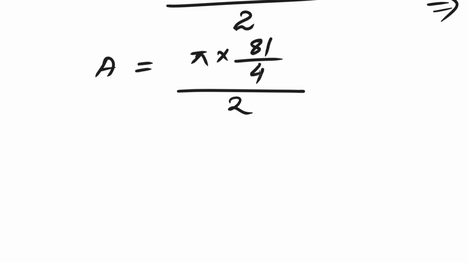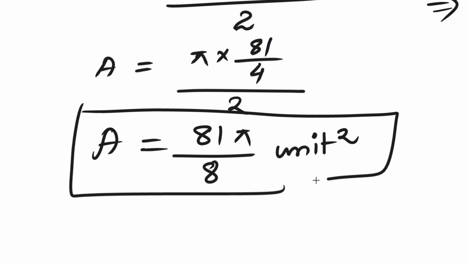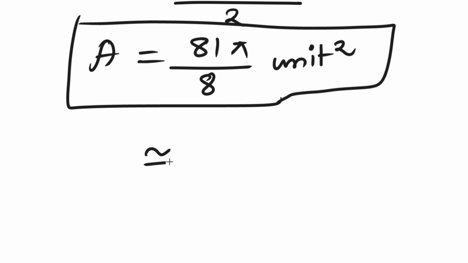Dividing by 2 is equivalent to multiplying the denominator by 2. So we get 81 pi divided by 8. Therefore, the exact area of the shaded semicircle is 81 pi divided by 8 square units. If you want a decimal approximation, this is about 31.89 square units.